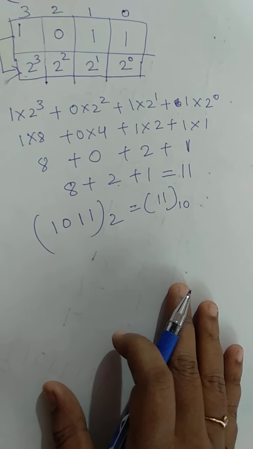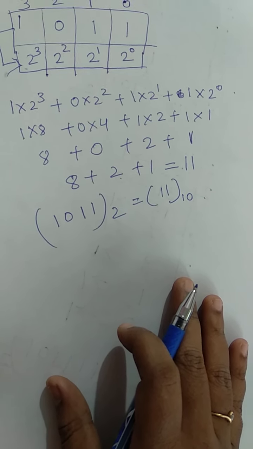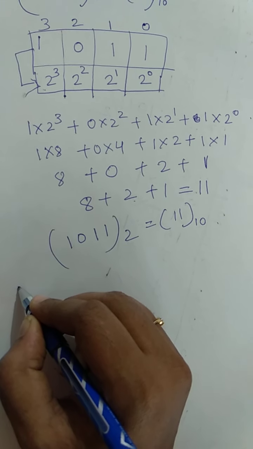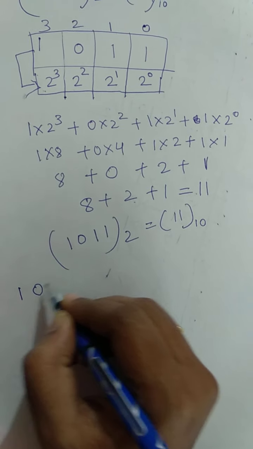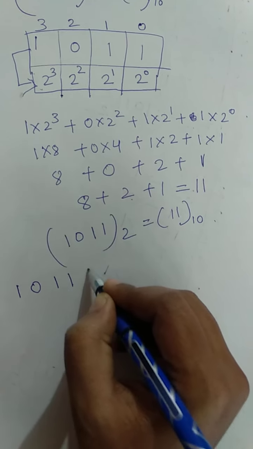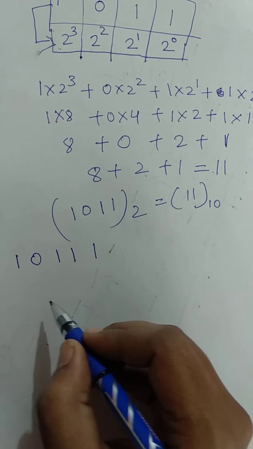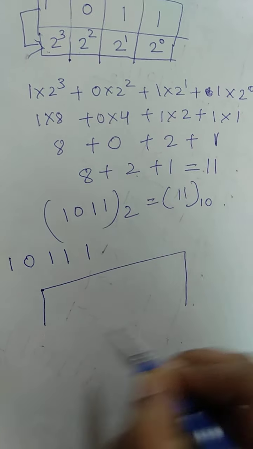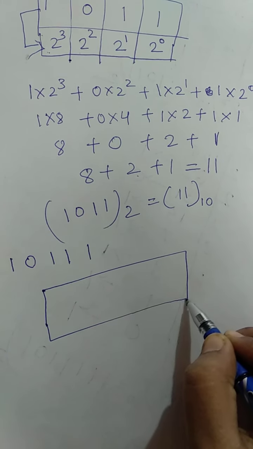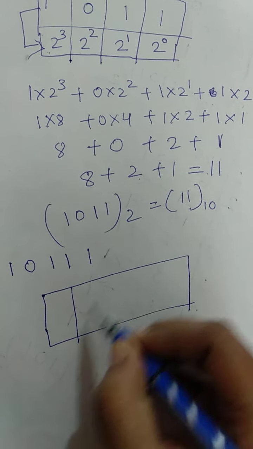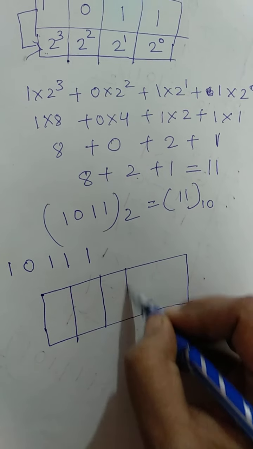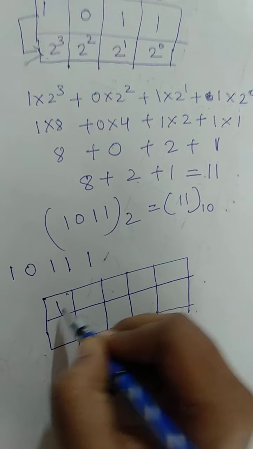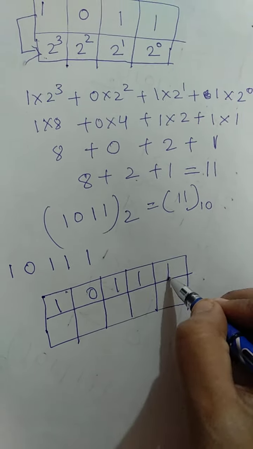Next, we'll solve another one. Now the next binary is 1, 0, 1, 1, 1. First we'll make one box: 1, 0, 1, 1, 1.